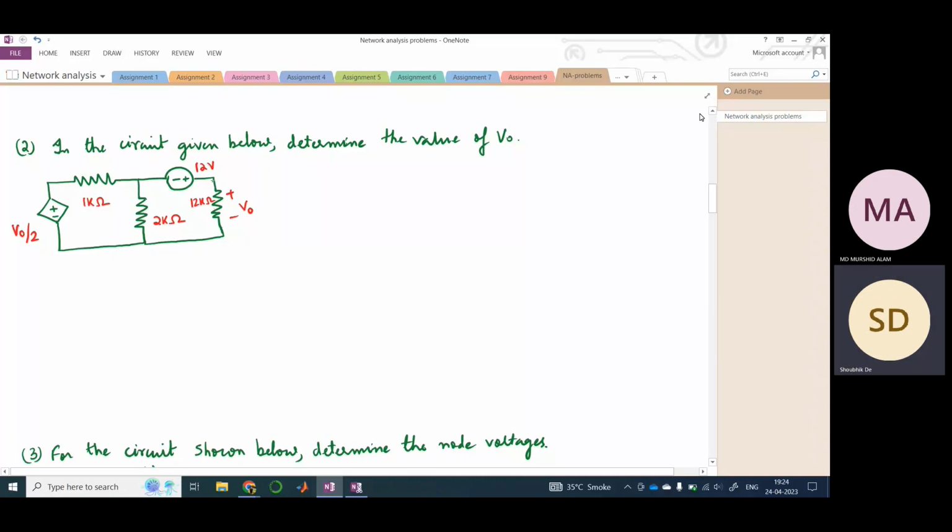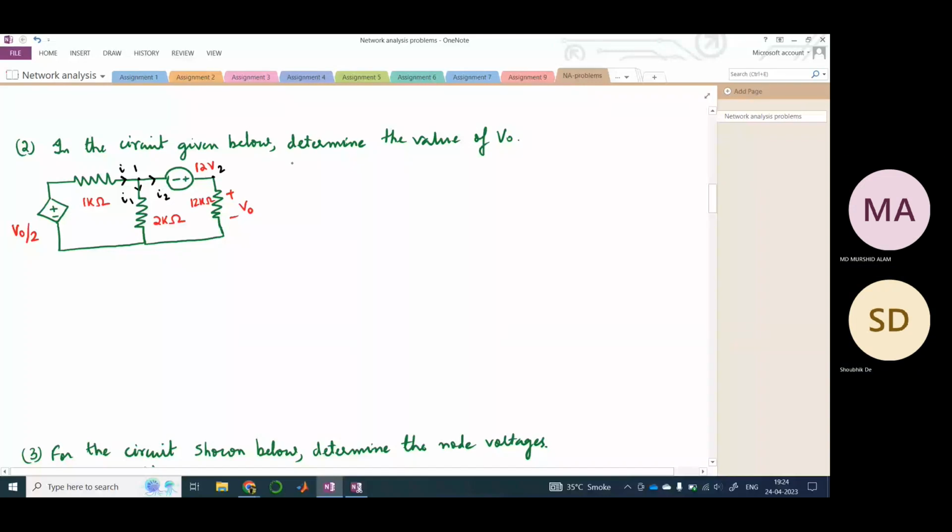So let us say that this is node number 1 and this is node number 2. I'm sorry, we would be solving it by KCL, not KVL. Okay. So let us say that this current is I through this circuit here. Then this is I1 and this is I2, right?